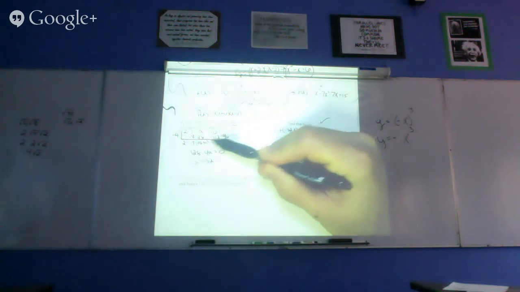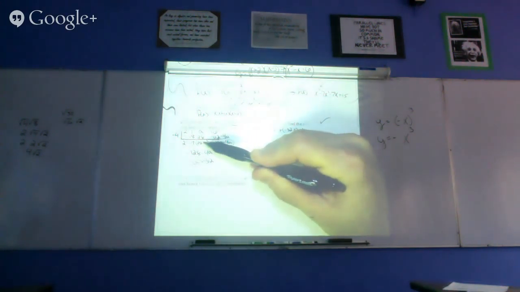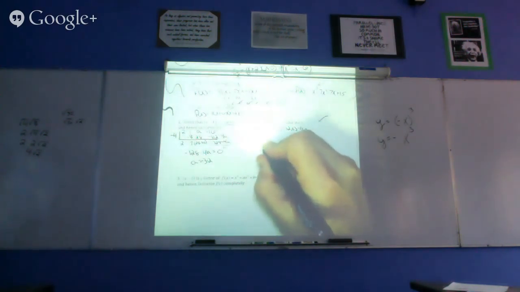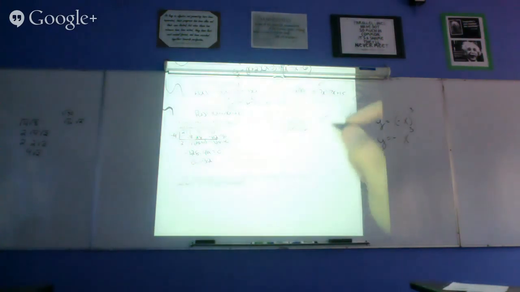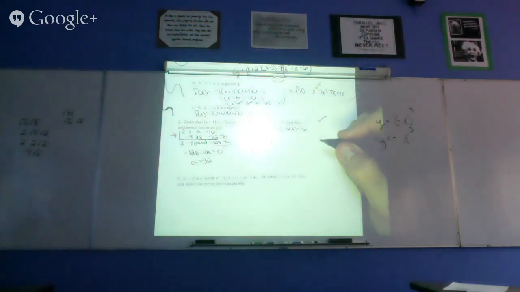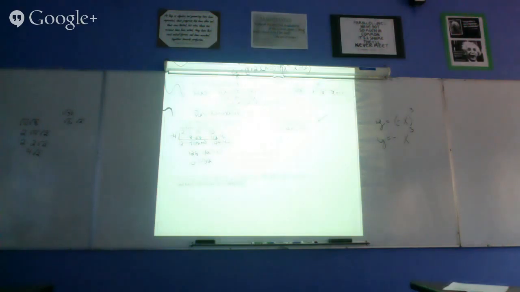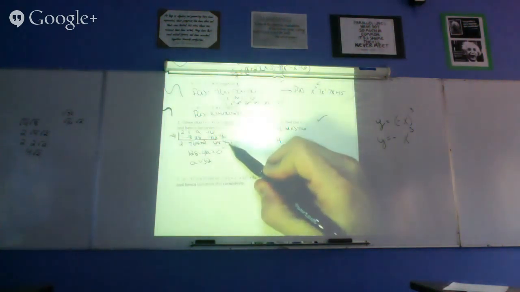If I do this with -4, I'm going to get 2x squared minus 7x. And then what's 28 plus -32? Minus 4. And this thing came out to be a 0, so that's gone.